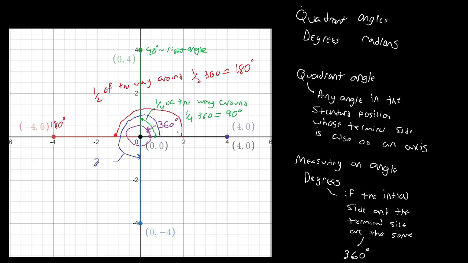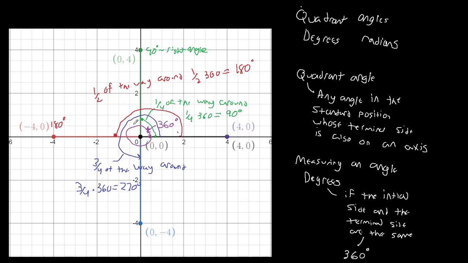Well, this is the same as going 3/4 of the way around. So if you think about it, that's 3/4 times 360. That's the same as saying 270 degrees. So hopefully this makes sense. And then if we finish that off, we go back and we're back at 360 again.